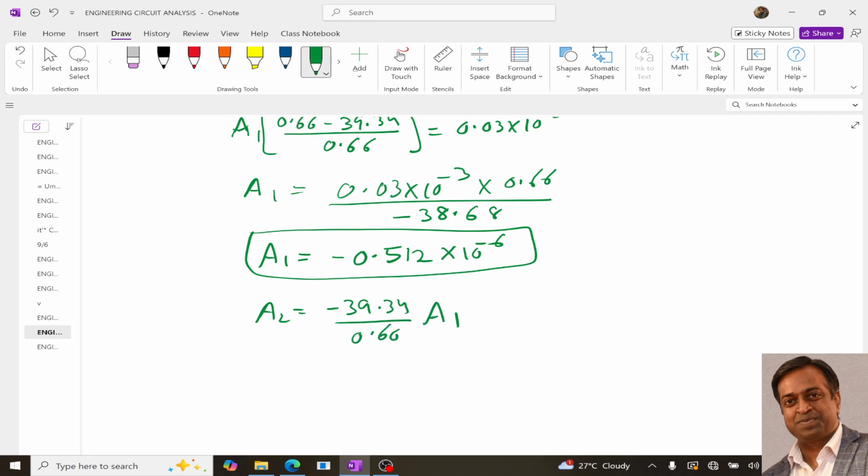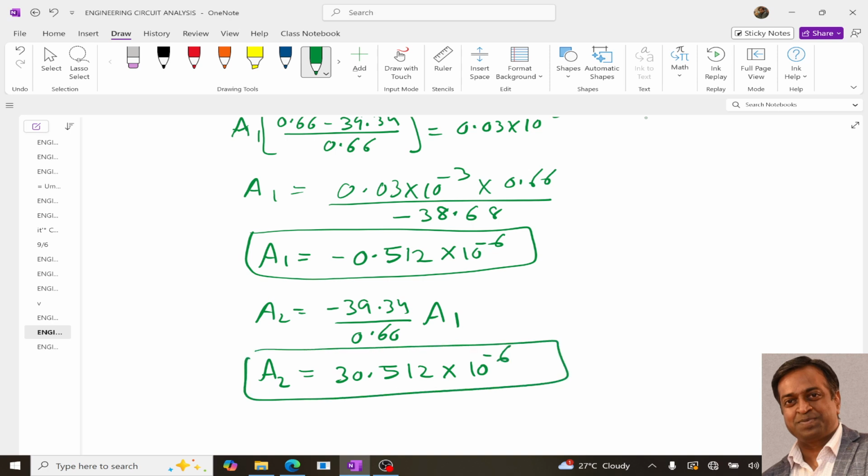So A1 we have determined, so we simply get 39.34 divided by 0.66. So we will get the value of A2 as 30.512 into 10 power minus 6.